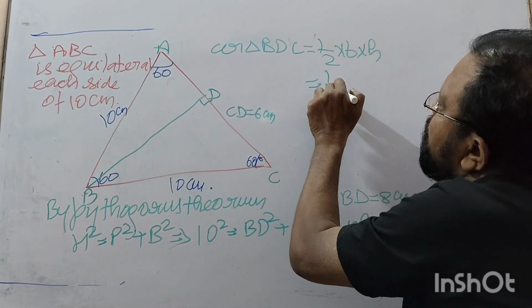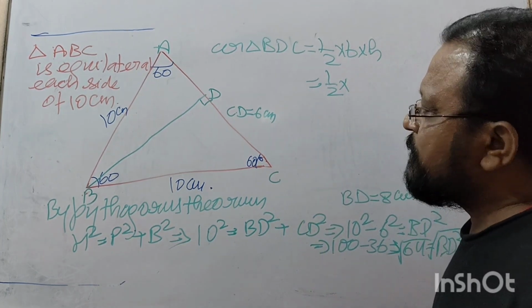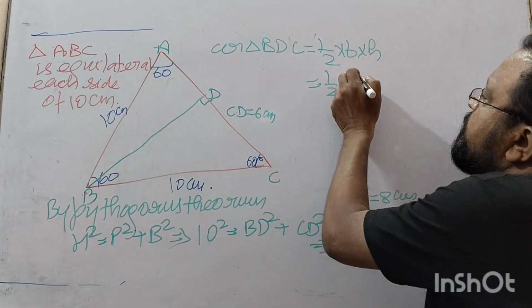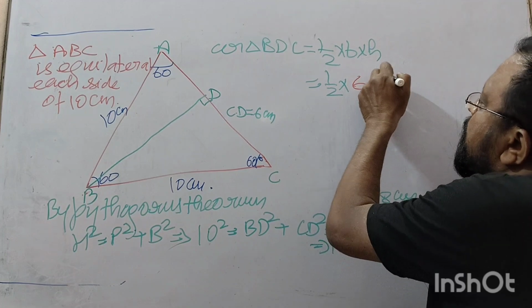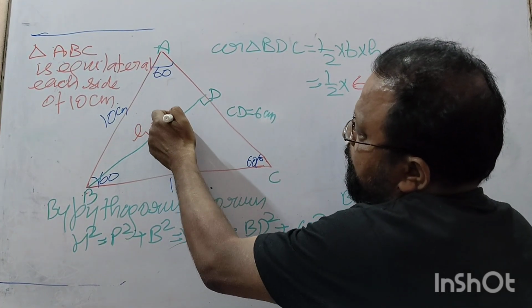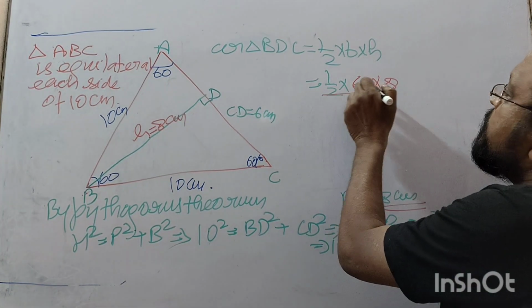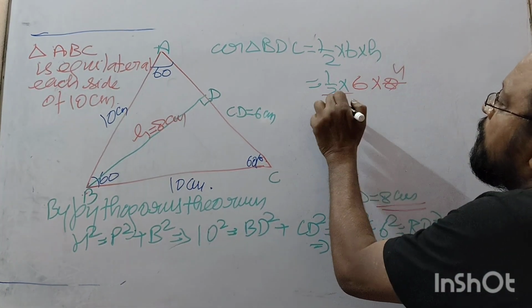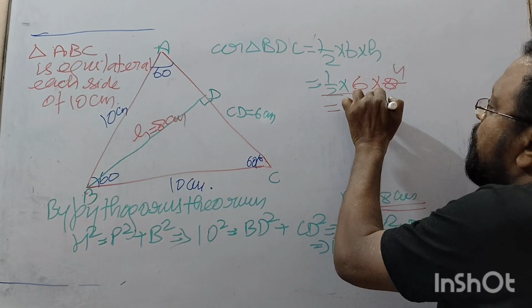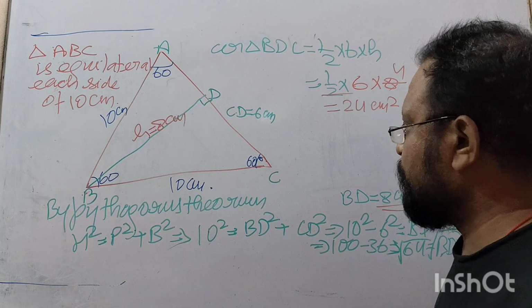So 1 by 2 into base 6, height is 8. This height is 8 centimeter. Here we find, so this is 24 centimeter square, right?